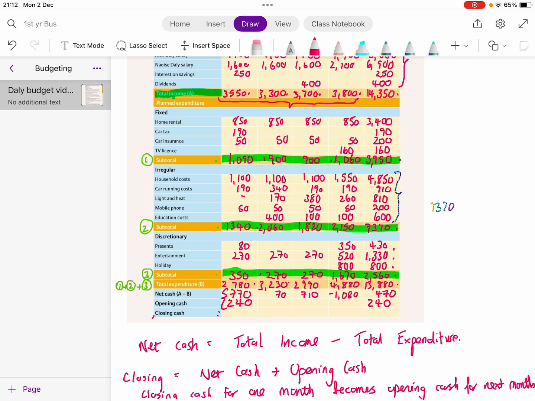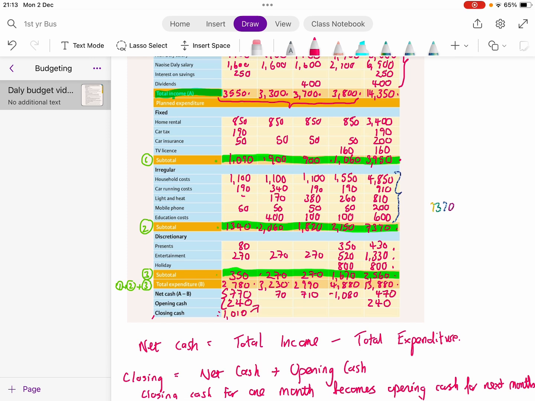So let's start off. I'm adding my net cash, 770, and my opening cash of 240 together, and that's giving me €1,010. Draw in the arrows here, girls, to remind yourself.